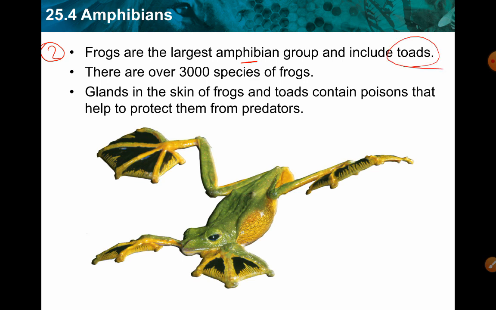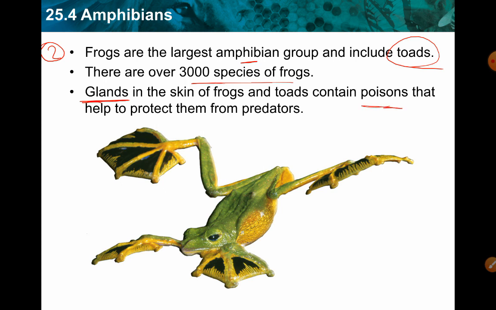I'm going to show you a picture showing the difference between frogs and toads. There are over 3,000 species of frogs. That's why they are the most common type of amphibians all of us know. Number three, they have glands in the skin of frogs and toads that contain poison.